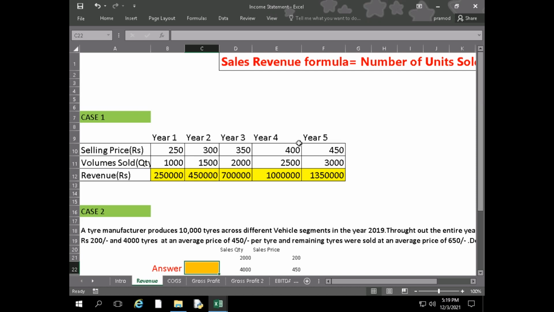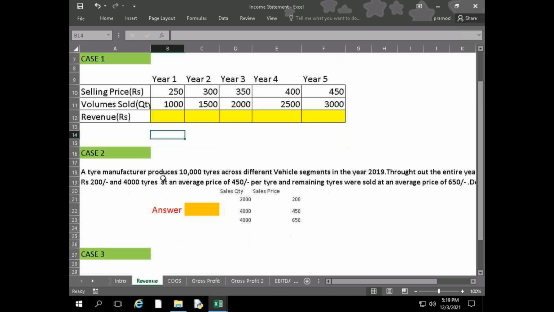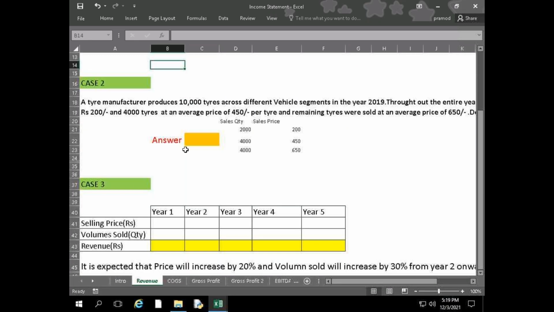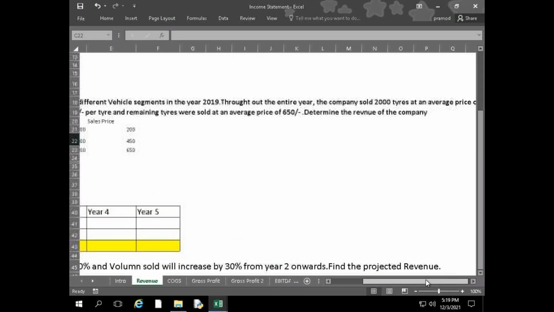Sir, what should we do in the first question? First question, you have the values here, correct? You just want to find out the revenue in case one. In case two, find out the answer by reading here. So you should know the total revenue here.